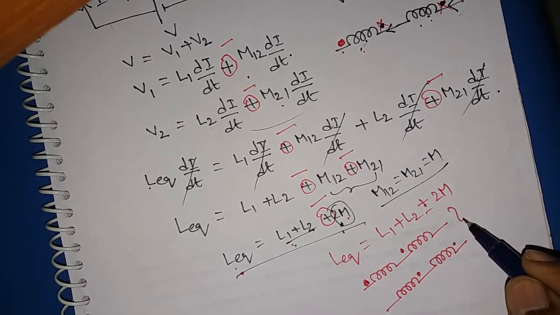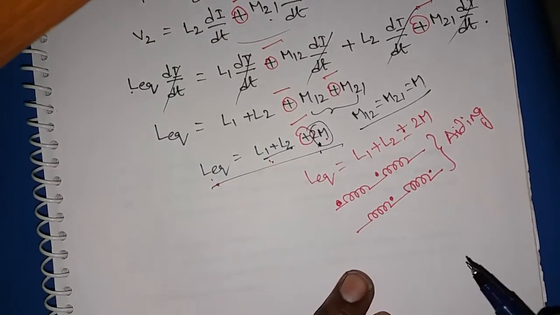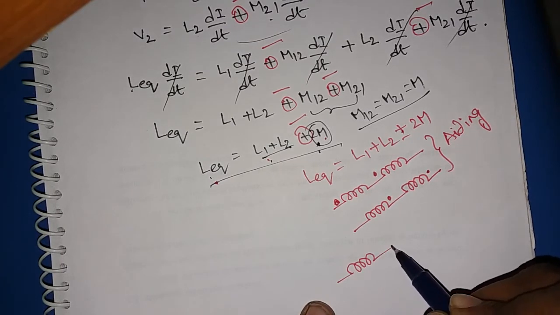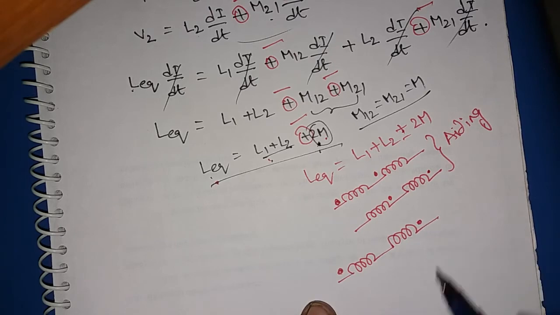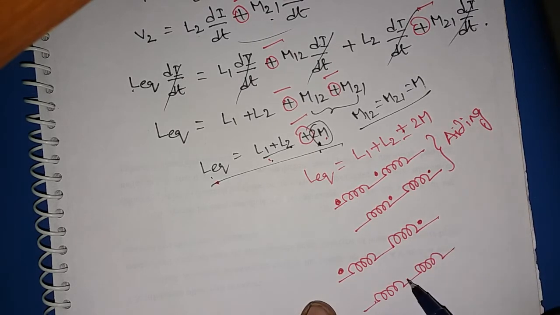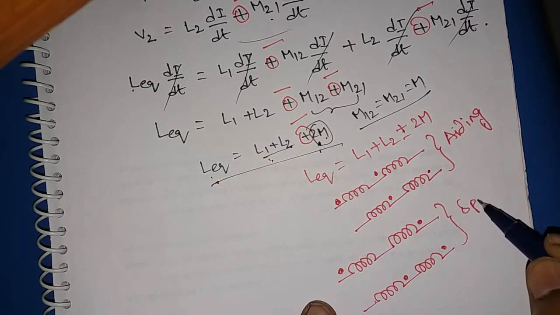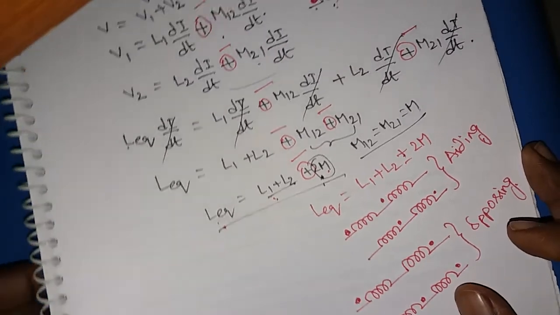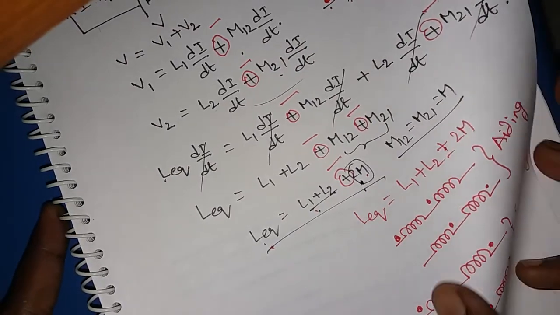This is for aiding. And opposing means this, and this is also opposing. This is regarding the series coupled circuits.